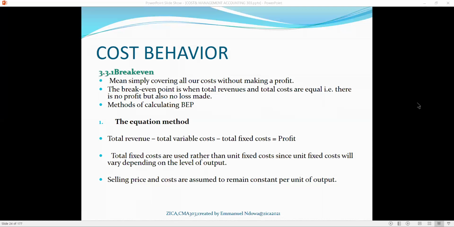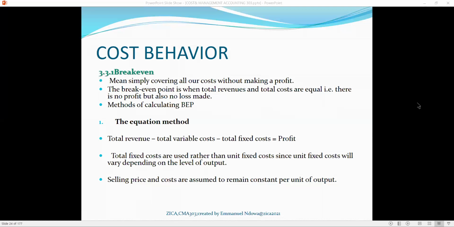If total variable costs and total fixed costs equal our revenue, we are not realizing profit at all. But if the variable costs and the total fixed costs are lower than the revenue, that's when we realize profit.